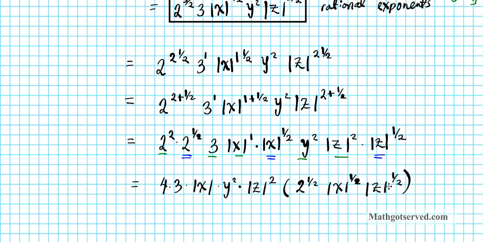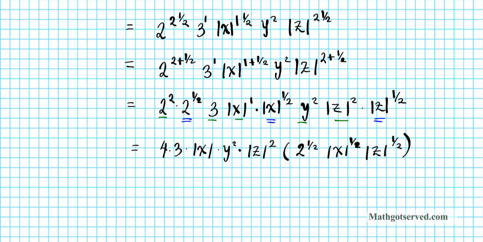Now to combine this, we're going to use the reverse of the power of a product property here. We're going to factor out these common exponents that they have. So the portion on the outside becomes 12, since 4 times 3 is 12, times the absolute value of x times y squared times the absolute value of z squared.